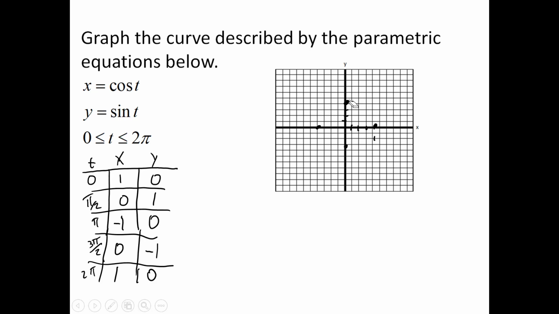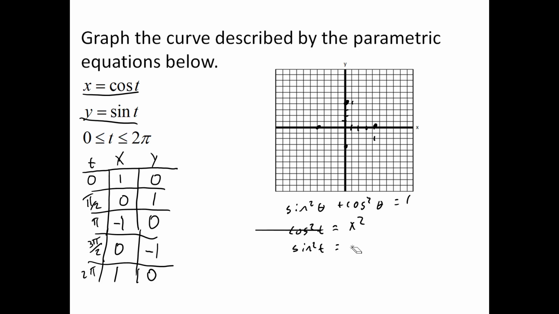So if we try to eliminate the parameter, rather than solving for t like we did in the last problem, to eliminate the parameter here, we use a trig identity that the sine squared of theta plus the cosine squared of theta is always equal to 1. So if we square both sides of this equation, we get that the cosine squared of t is x squared. And if we square both sides of this equation, we get that the sine squared of t is equal to y squared.